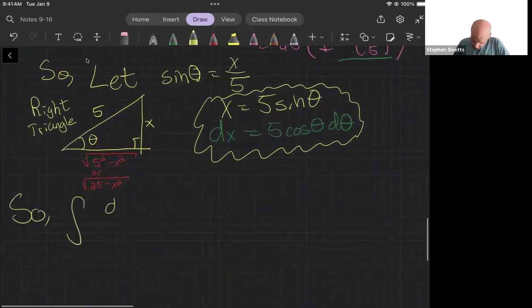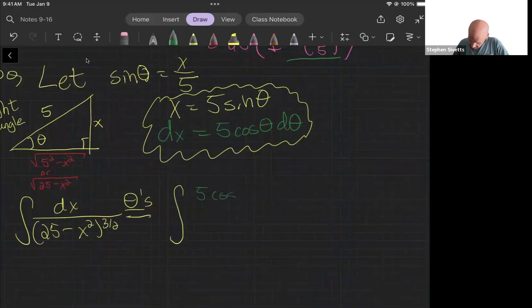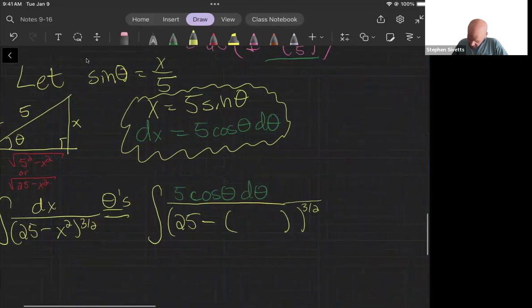So the integral in terms of x, dx over (25 minus x squared) to the 3/2 power, is equal, in terms of theta, to 5 times cosine theta d theta, divided by (25 minus the x right here, which is 5 times sine theta, squared) to the 3/2 power.